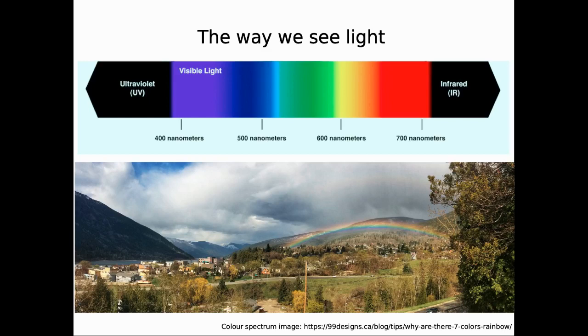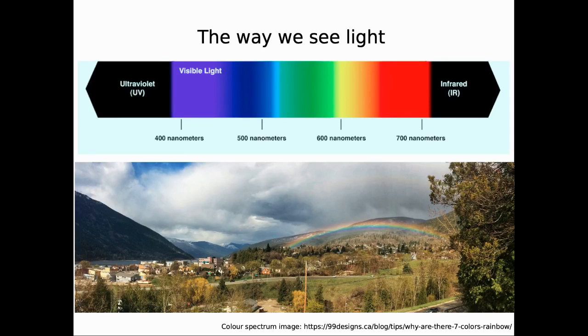So the top thing is the visible light that most humans see, right? On one end is purple, on the other end is red. So we see this beautiful spectrum, and you might notice this in real life too. Anytime you see a rainbow, see I got a bottom picture of a beautiful rainbow over Nelson, BC. That is light breaking into that spectrum, and you can see that phenomenon in real life.